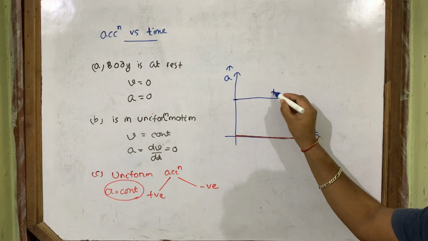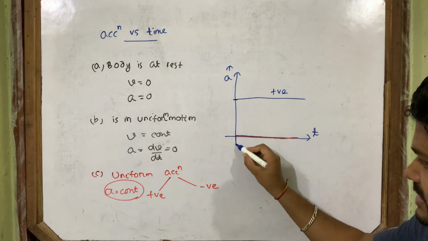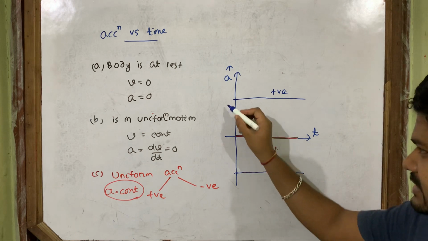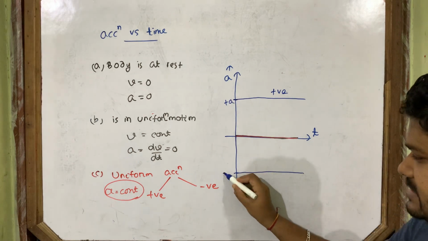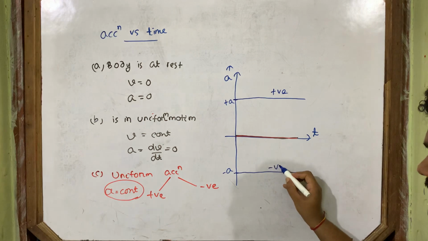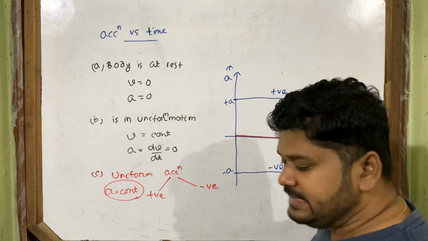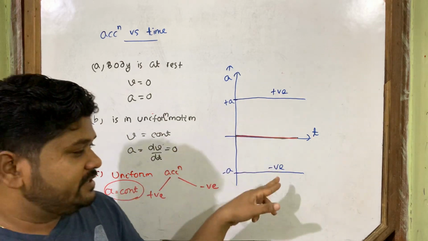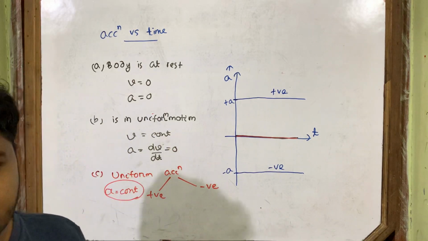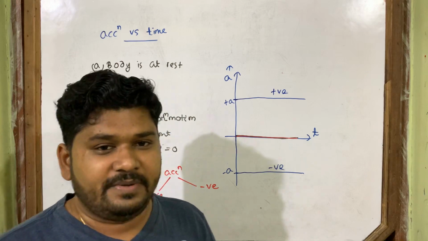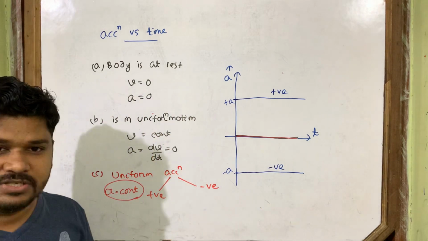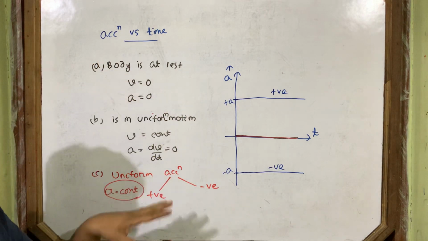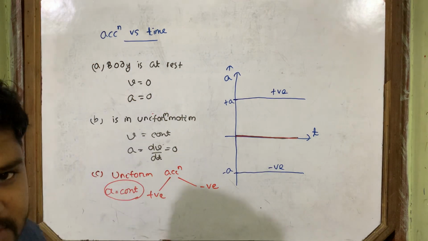This is constant positive acceleration. And if the acceleration is negative and constant, the graph will be like this. This is plus A, this is minus A. Negative acceleration means retardation. This is when you start the vehicle, and this is when you apply the brake to stop the vehicle. So this is the acceleration time graph for uniform acceleration.